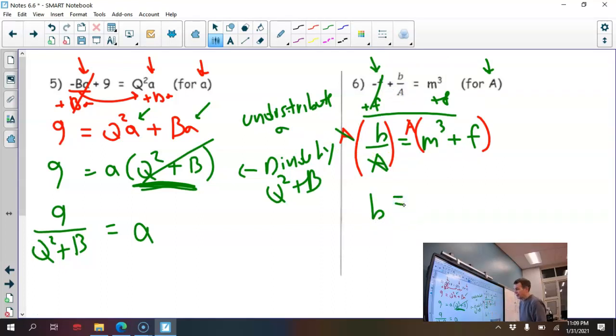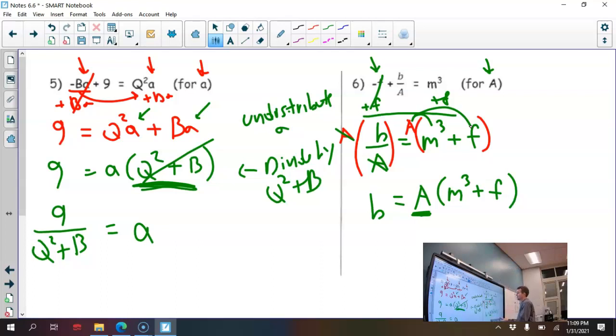That's not exactly what I wanted, but watch this. Over here, I'm not actually going to multiply it. I could, but it would take you an extra step. I'm just going to leave it as a times m to the third plus f. Remember, my goal is to get the a by itself. And if I distributed the a, then I'd have to undistribute it to isolate it again.